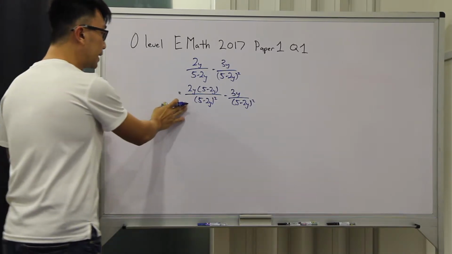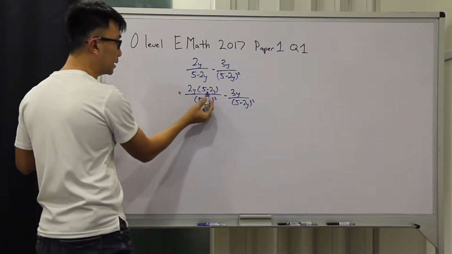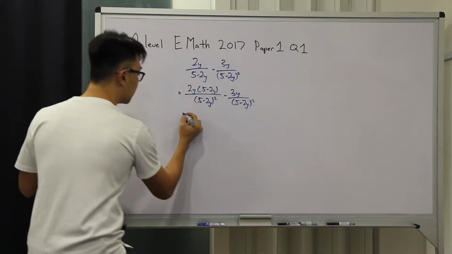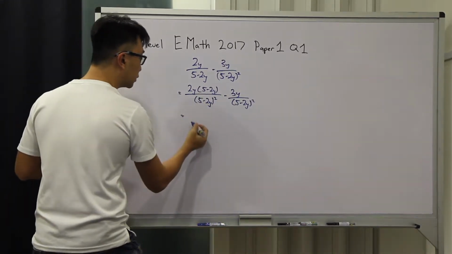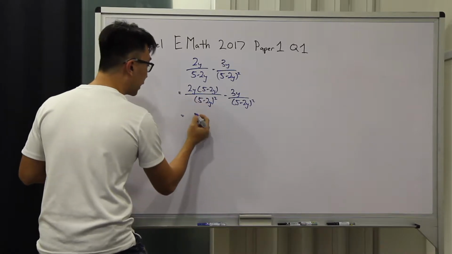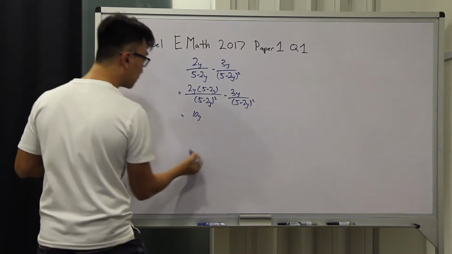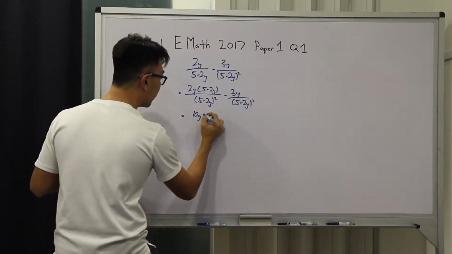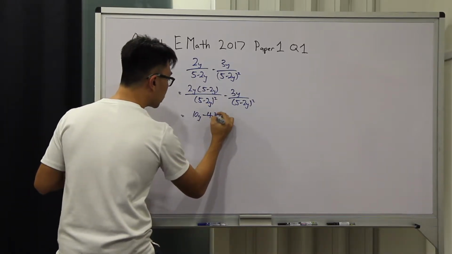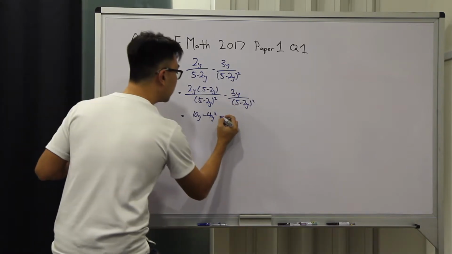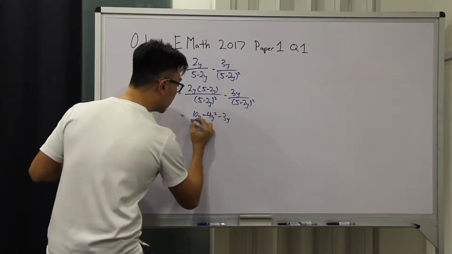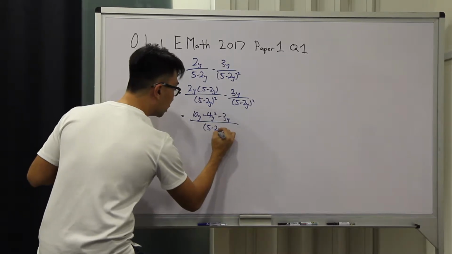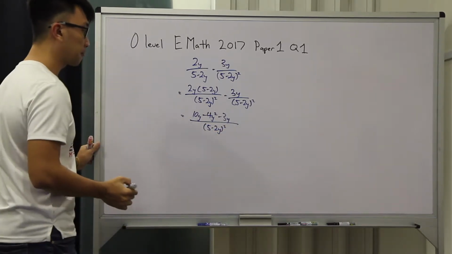Alright, for the next step, we can actually try to expand the numerator while joining both the fractions together. So by expanding this, we'll have 2y multiplied by 5, that will be 10y. 2y multiplied by -2y, that will give us -4y². And we have a -3y, and the whole thing will be over (5 - 2y)².